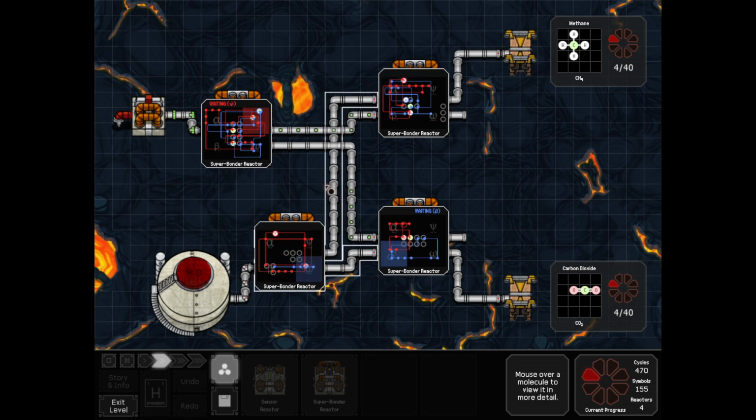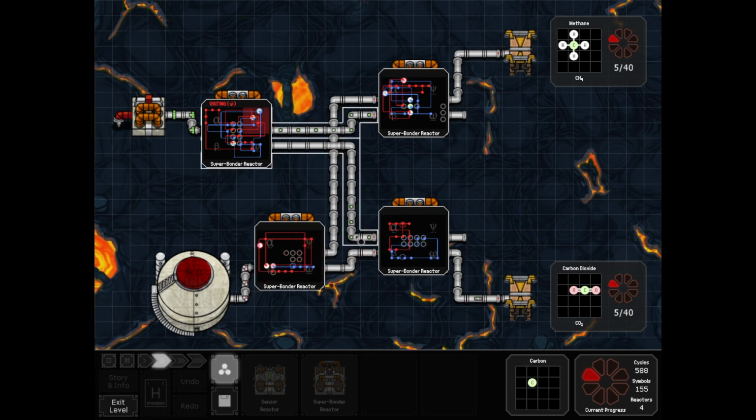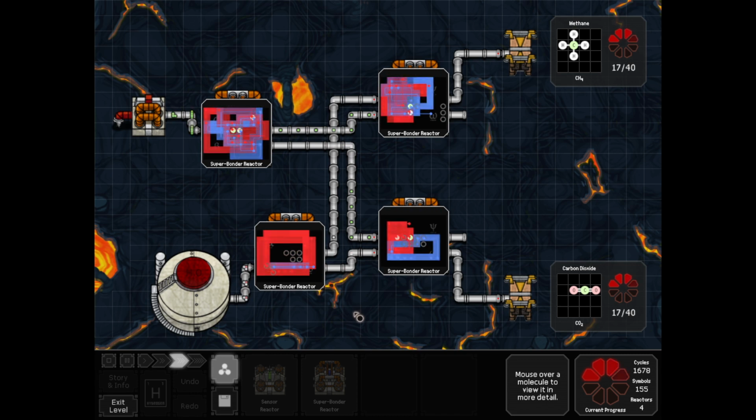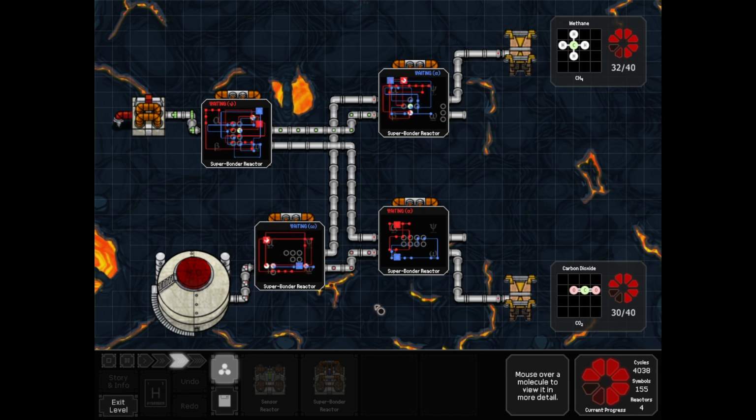And there shouldn't be any way for this to be an issue, because even if this oxygen ends up backing up because we ran out of carbon here because this ratio wasn't good, I mean, that's just going to make it slower, but this one should stop as long as it's unable to output. So yeah, I think this is a working solution. It's just going to take a while. Unless that happens. Shoot.